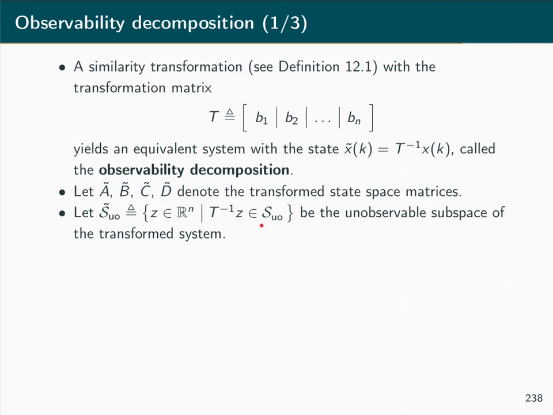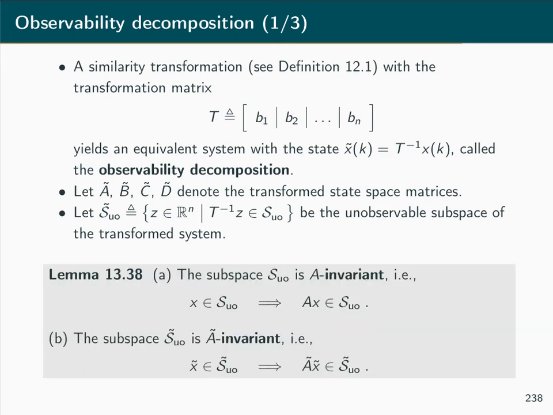Given that S_UO is the unobservable subspace of the original system, we shall denote the unobservable subspace of the transformed system by S_UO tilde, and it's given by this formula, which has a similar derivation to the formula for the reachable subspace in the case of controllability.